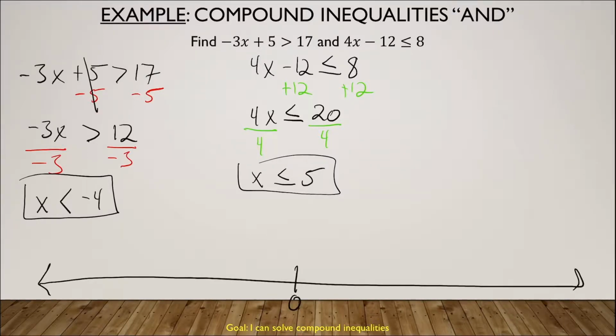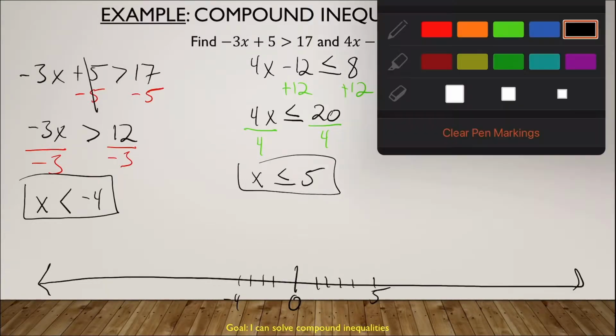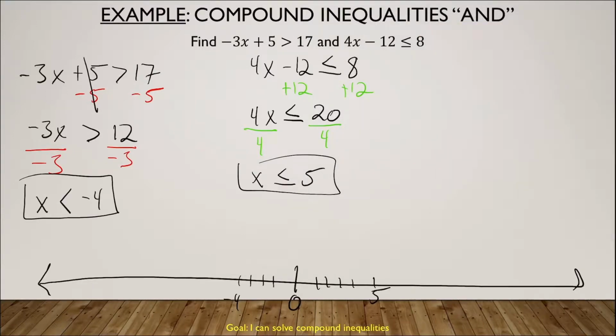We have 0. We have negative 4. We have 5. Those are our points of interest here, right? So we're going to do negative 4 first. X cannot equal negative 4, so I'm going to use an open circle at negative 4. This inequality says x has to be smaller than negative 4.